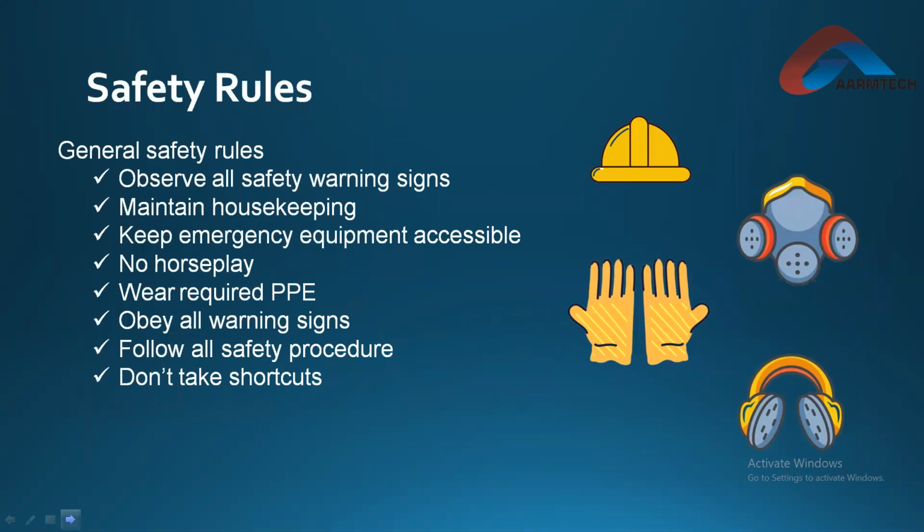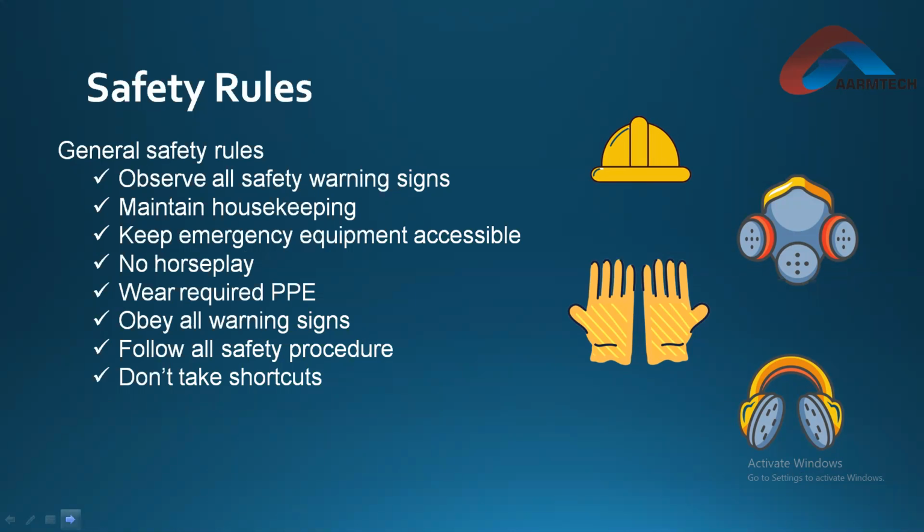Safety rules. General safety rules. Observe all safety warning signs and maintain housekeeping. Whenever you use some materials or equipment, keep it where it was before and maintain proper housekeeping. Keep all kinds of emergency equipment quickly accessible and never horseplay in a site.